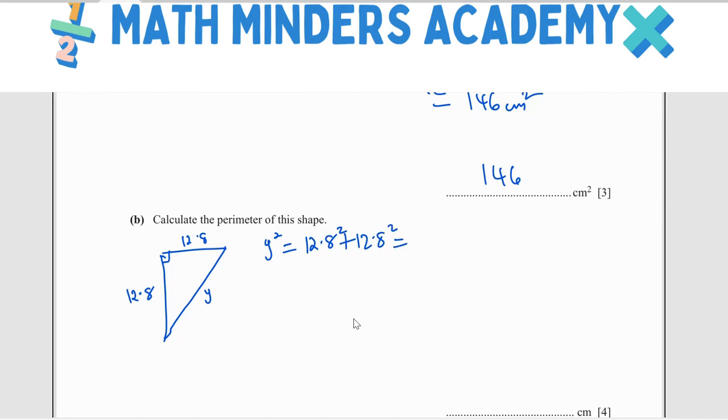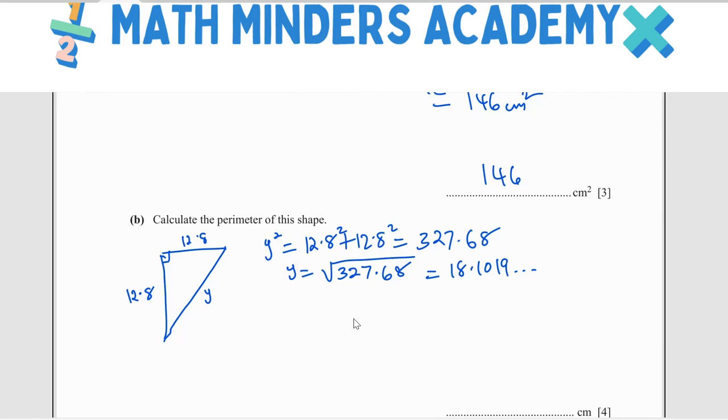And this gives us 327.68. So y will now be the square root. If you take the square root of both sides, we have the square root of 327.68, which we'll have as 18.1019, and so on.